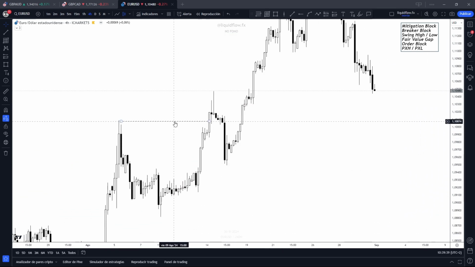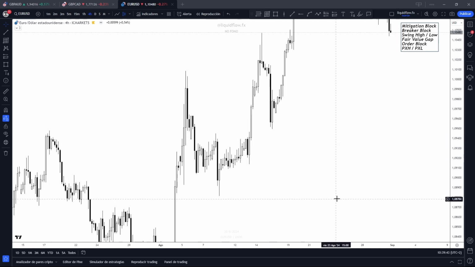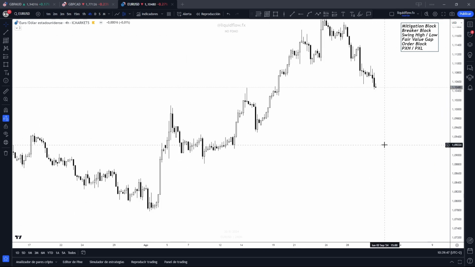Well, the previous swing low, as the name says, is the previous swing low you have. So as I said before, when we have a swing low and a swing high, we create our what? Our PD array. And then that must hold, right?